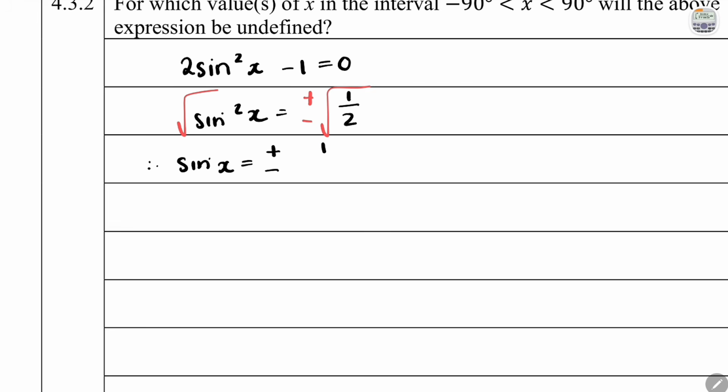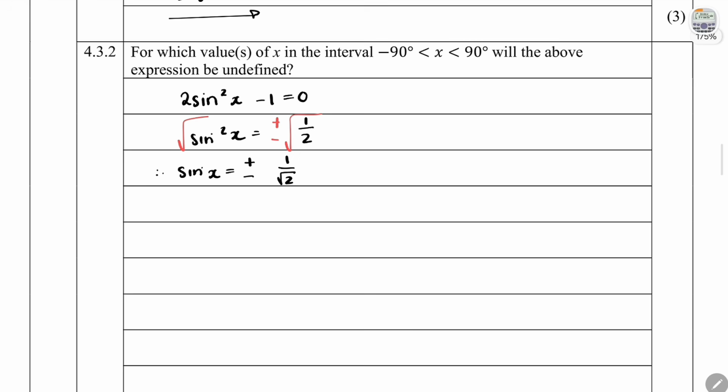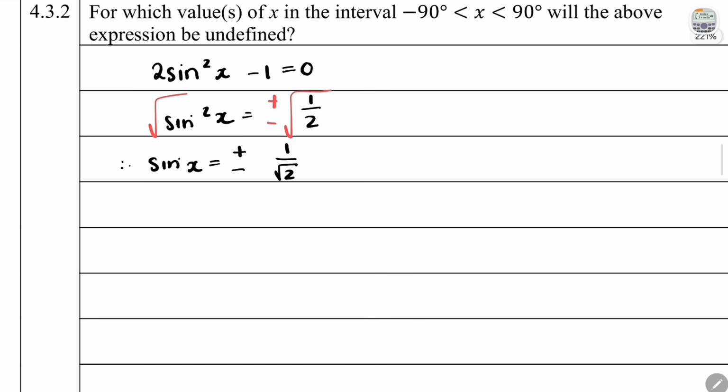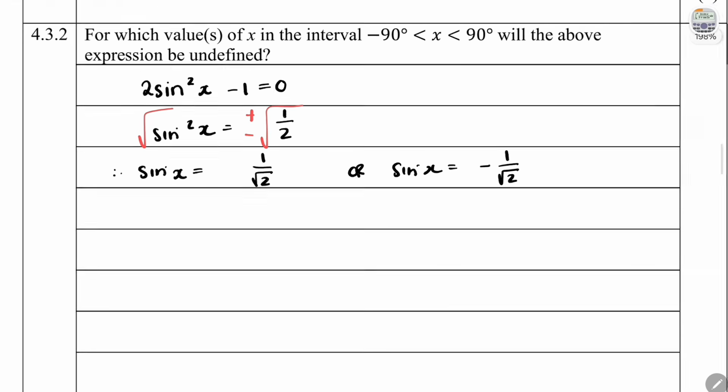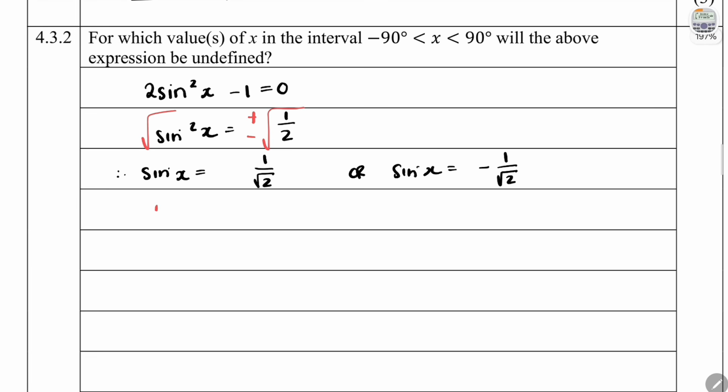The square root of 1 is still 1, but the square root of 2 is root 2. So we have two equations really. We can just solve for x where sine x is equal to positive 1 over square root 2, or where sine x is equal to negative 1 over square root 2. Let's just find that reference angle first so we can find out where these are. So the reference angle is, you're just going to say shift sine of this value that we have here.